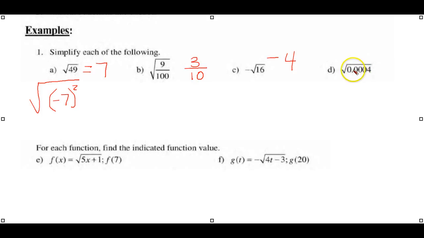Now here, because of the decimal places, we have to figure out something that's going to give us 4 decimal places. So it'll be 0.02. So 2 decimal places multiplied by 2 decimal places give us 4 decimal places. And 2 times 2 is 4.